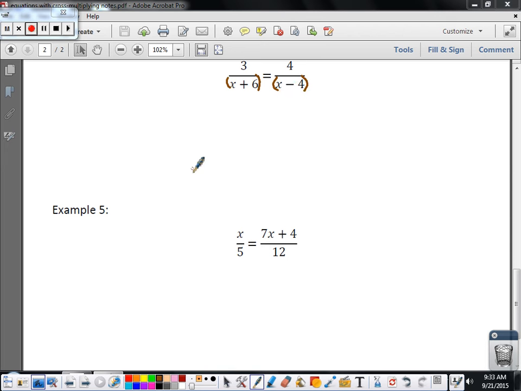It doesn't matter at all. Tell me what to write. 4 parentheses equals, keep going. No, I already did the 4. 3. That's exactly right. Why don't you guys see if you can do that on your own? Solve it.